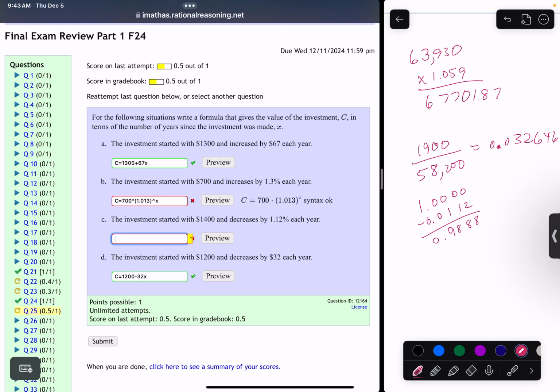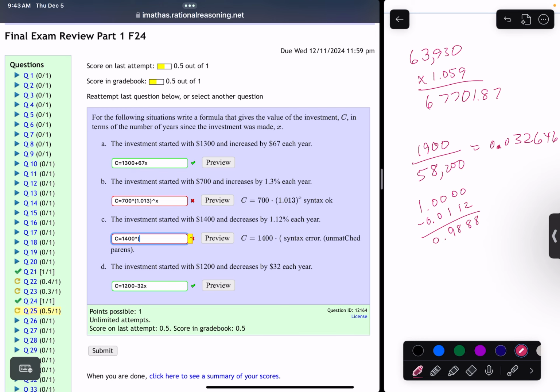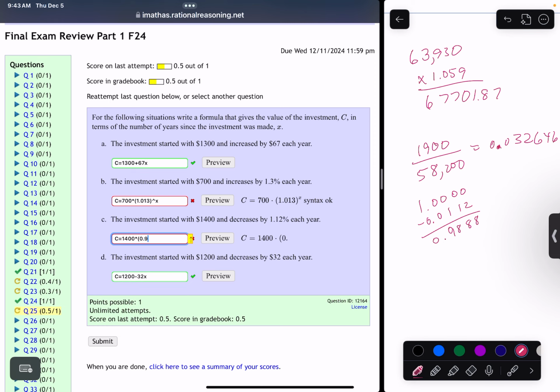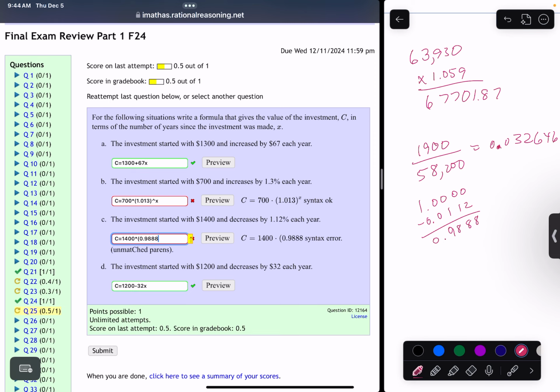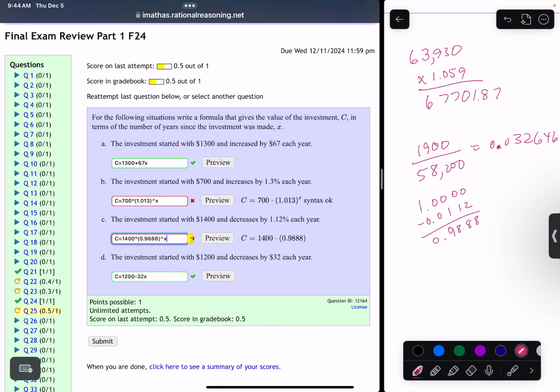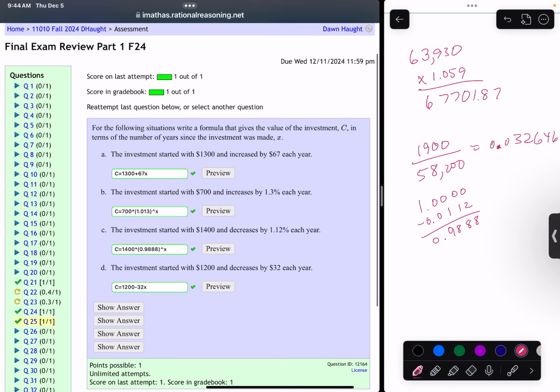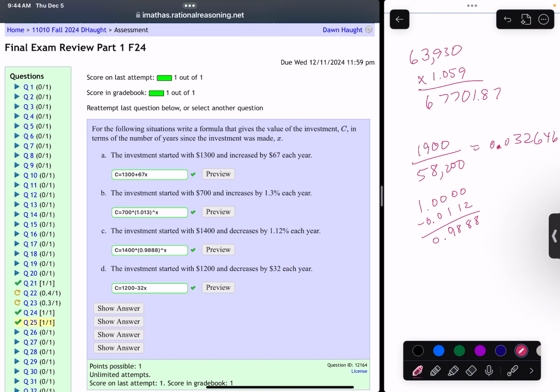So that would be, we're going to subtract off the percentage. So our C would equal 1,400 times, we're going to use that exponential notation again, 0.9888 to a power of x. So let's go ahead and check that one. There we go. There is question 25.